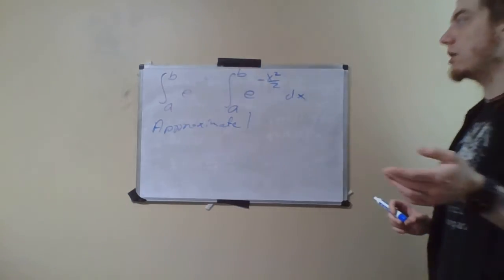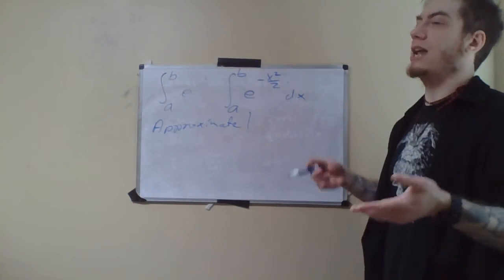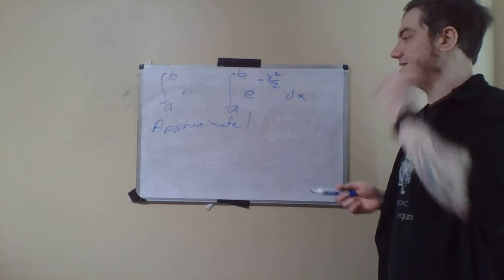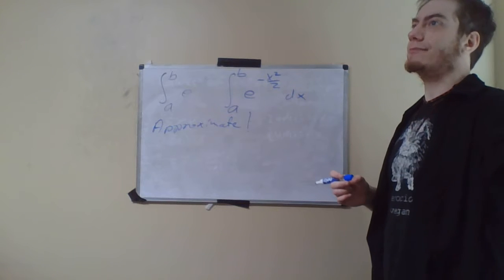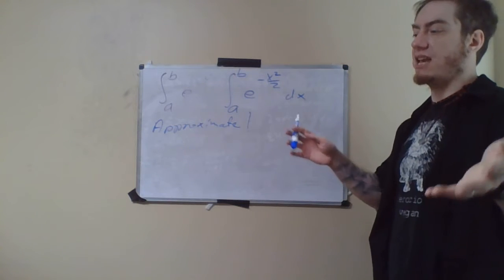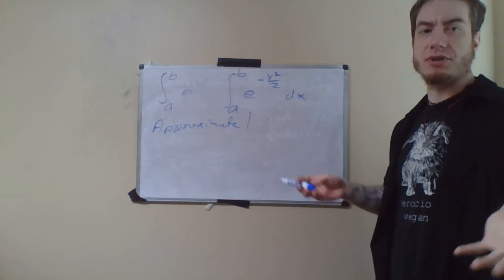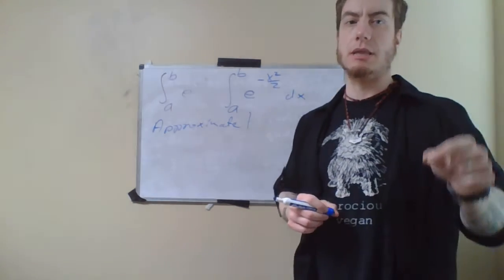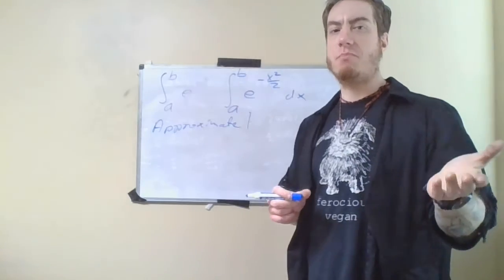And if all I'm interested in is an approximation anyway, then that might be good enough. Maybe all I'm trying to do is calculate, for some shape, how much paint am I going to need to cover this shape? Well, I don't need to know down to the very last gram of paint how much.